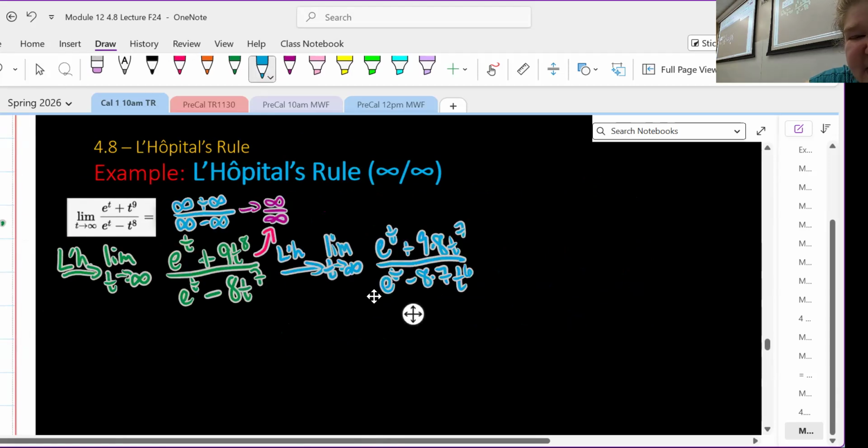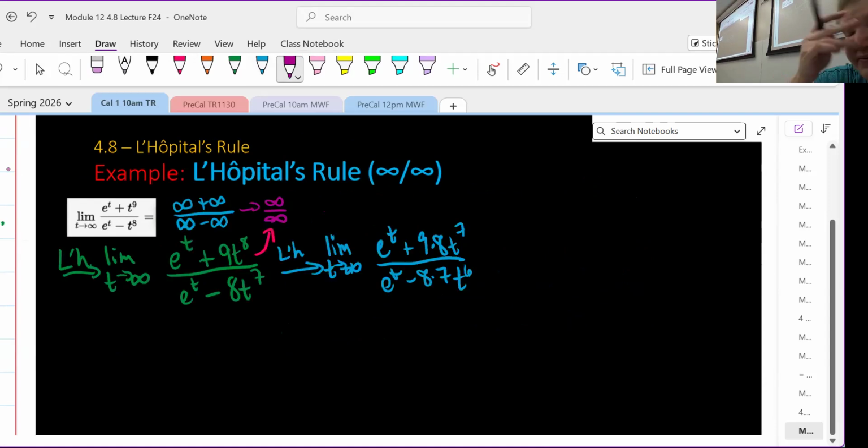But the e to the t's are going to keep carrying through every result. But the other part of the derivative, the polynomial part, the powers are going to keep coming down, keep coming down. Eventually, the t will go away and it'll just be a constant. And then eventually, that derivative of the constant will be 0.